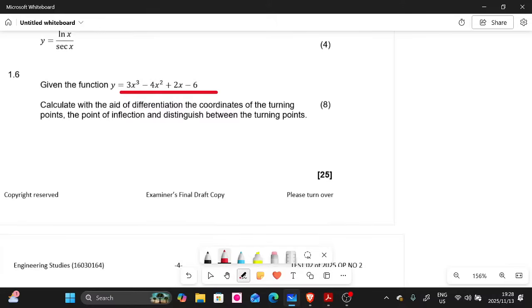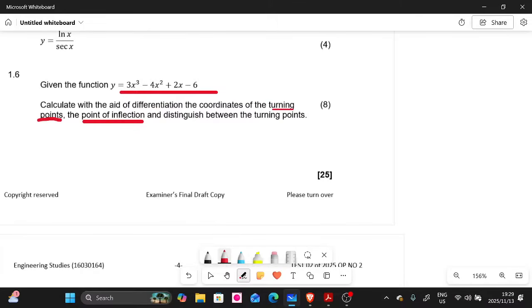2x minus 6. Now here, they want you to do the following. They want you to calculate, with the aid of differentiation, the coordinates of the turning point. So you need to find x and y of the turning point, right? And then the point of inflection. You also need to find the point of inflection there.